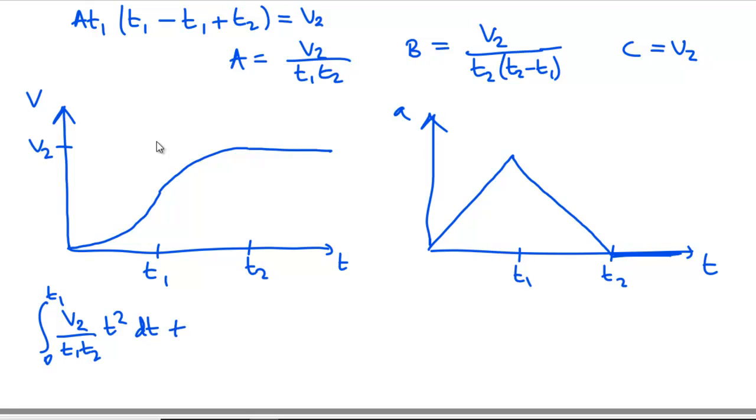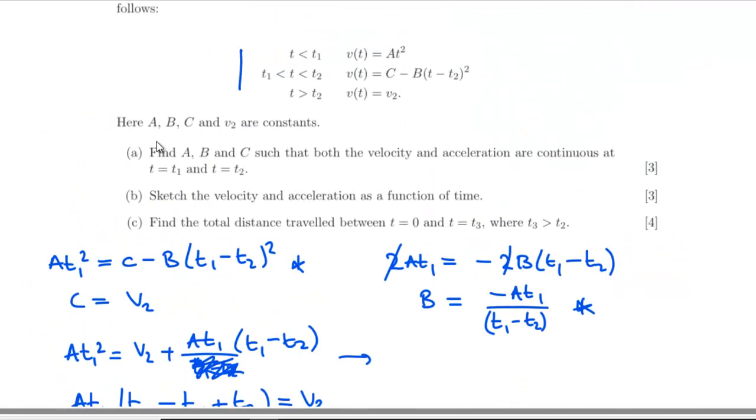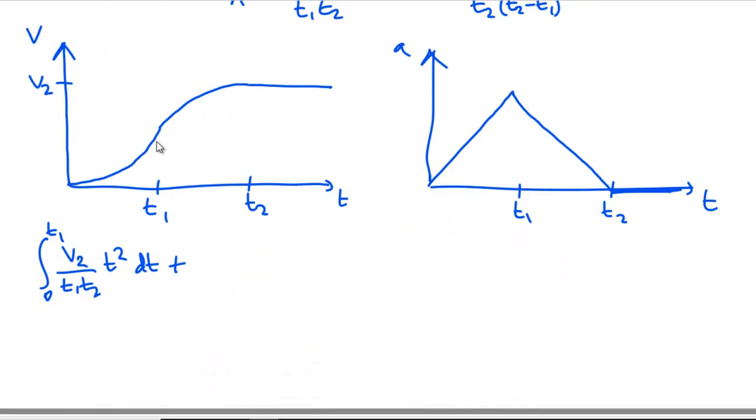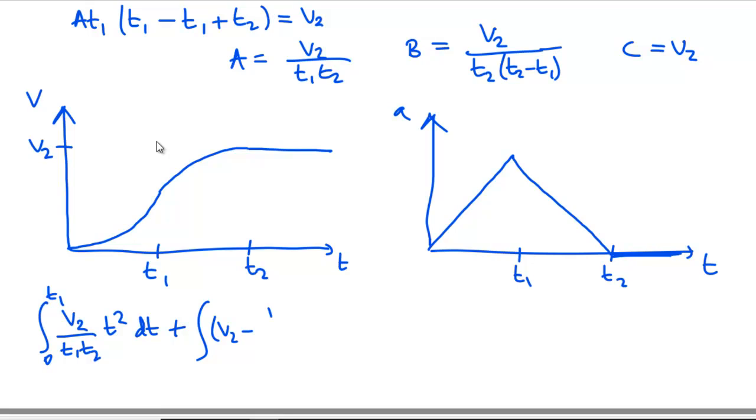And then the next one was c, which is v2, so c minus b, so v2 minus v2 over t2, t2 minus t1, multiplied by, well, that was t minus t2 squared, wasn't it? So t minus t2 all squared, that dt, and that's going from t1 to t2.